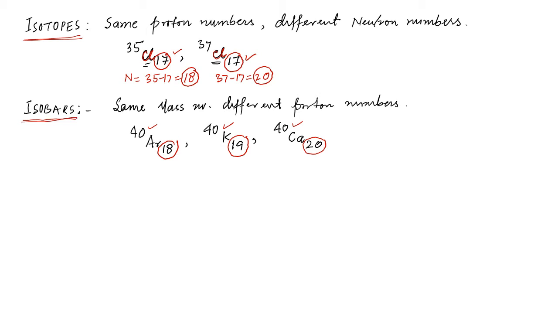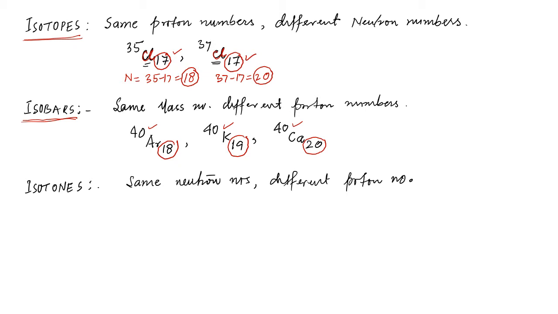And the third is isotones. Isotones have the same neutron numbers but different proton numbers. For example, we have 31 phosphorus 15 and 32 sulfur 16.